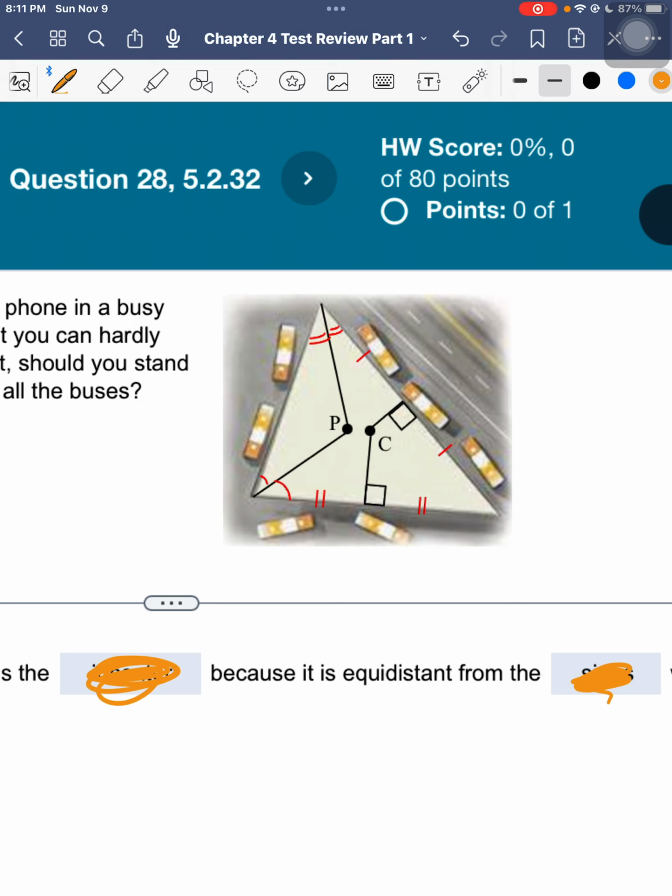From the sides of the triangle. What is that called? What is the point where I'm going to be equidistantly as far away from all the sides of the triangle? That is called the incenter, right? So I want to be as far away from this side as this side and this side, right?